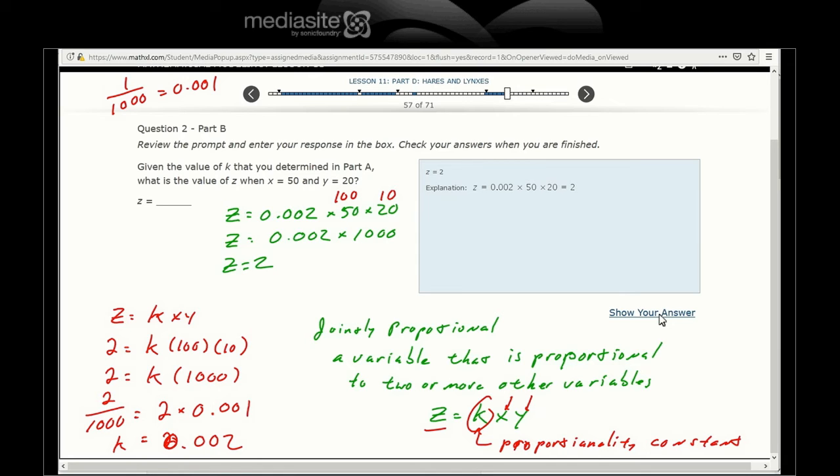So in this case, x went down, but y went up. So x was halved, y was doubled, and half times 2 is 1. So there's no net change overall.